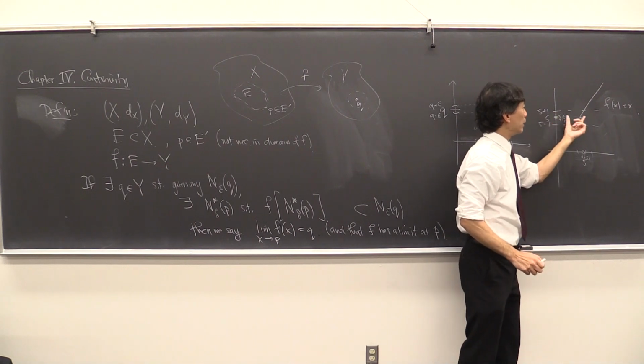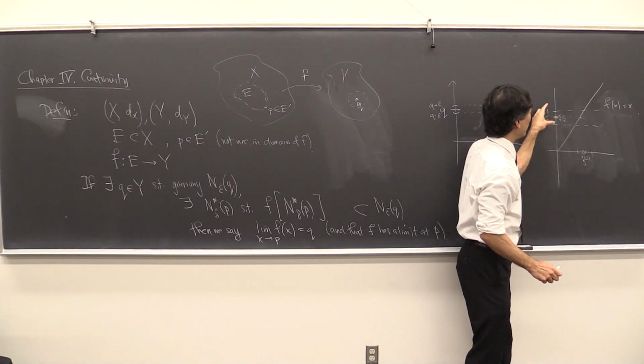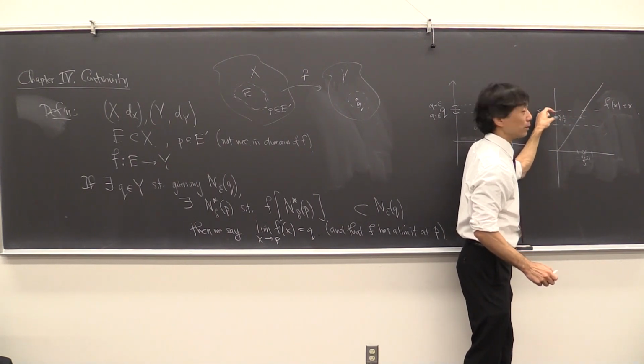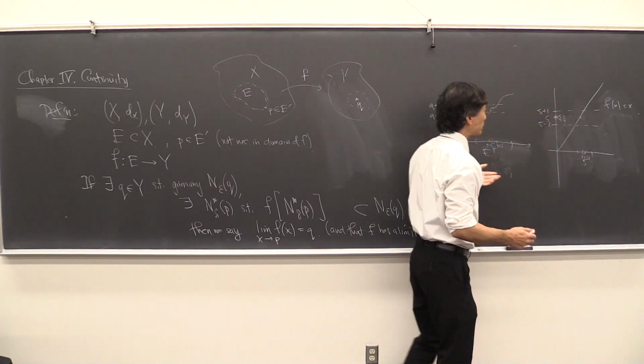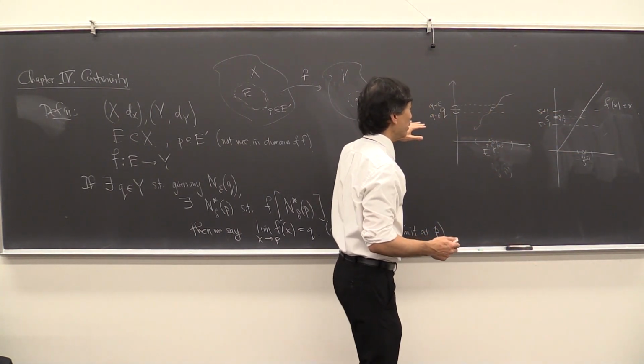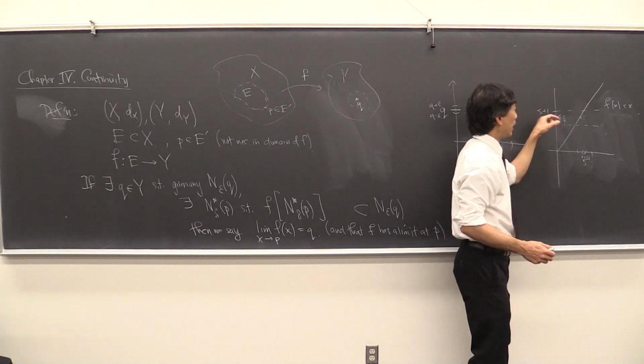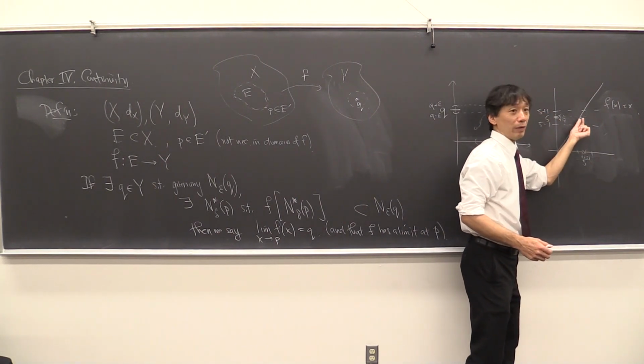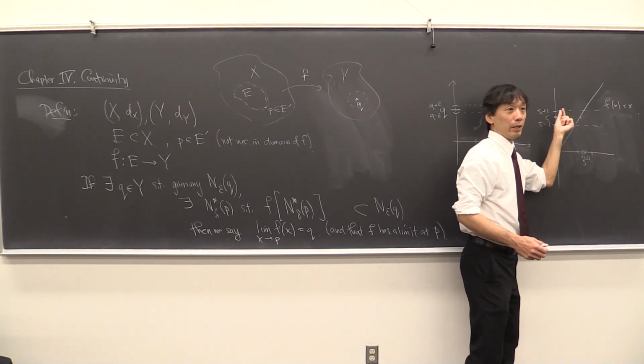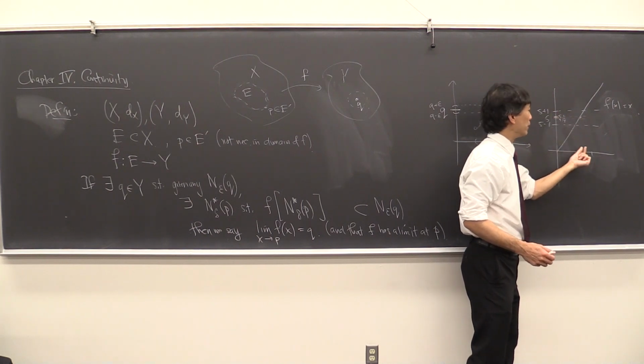And I can do that no matter what tolerance I'm asked for. For the limit to be 5 means that I can make my values as close to 5 as I desire.